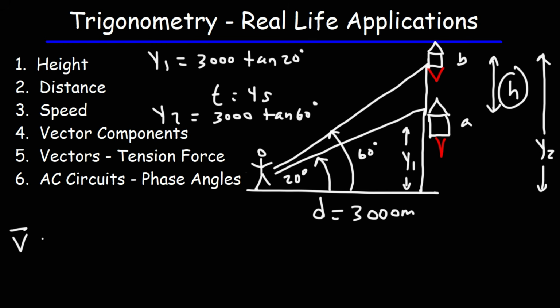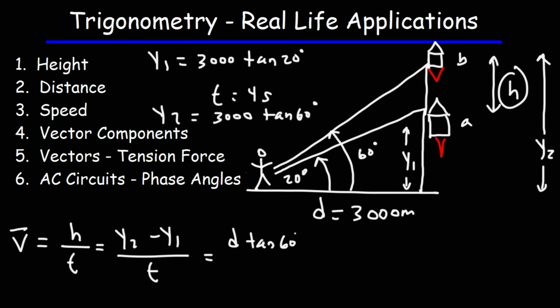So the average speed between those 2 points will be h over t. h is y2 minus y1. y2 is d times tan 60. y1 is d times tan 20.